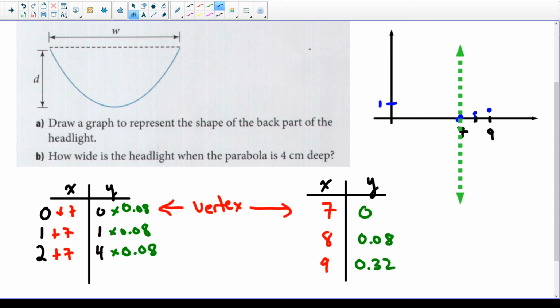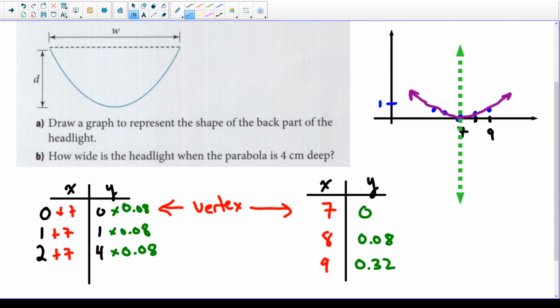And now I can just mirror those points on the other side. So there'd be one about here, and there'd be one about here. Now drawing the parabola is very difficult to do on this tablet, so I'll give it a shot. I'm going to do it in purple. And that's the best I can do. Okay.